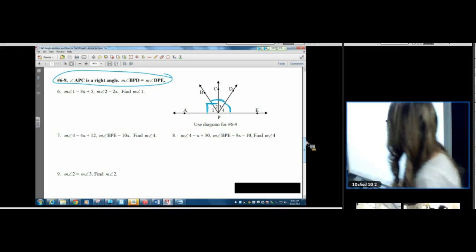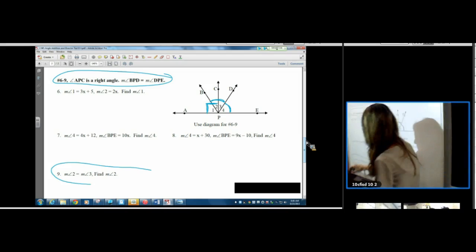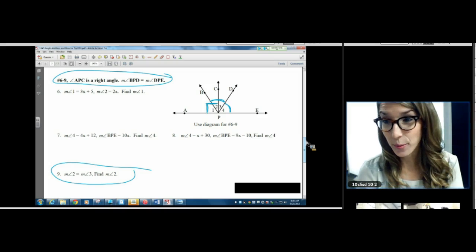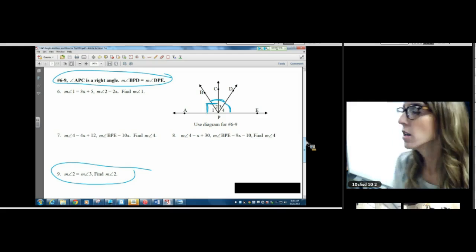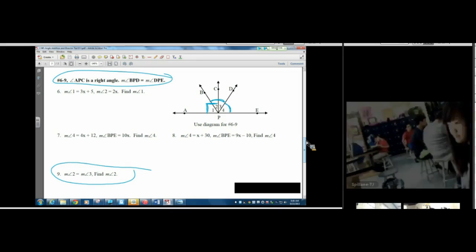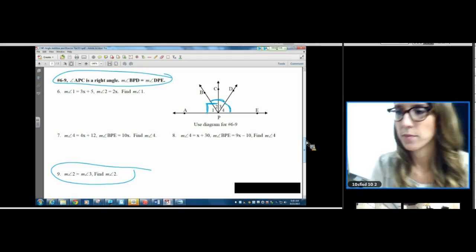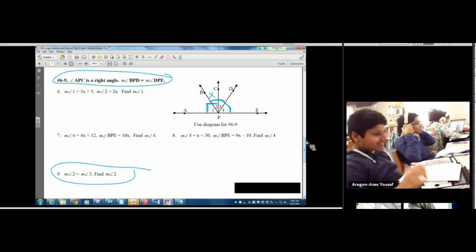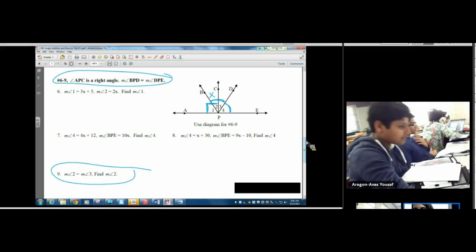Okay, so on number 9 it says more information to add on to that. Angle 2 is equal to angle 3. The measures are equal. So instead of adding even more arcs to my picture and confusing all of my arcs, what I'm going to do is call angle 2 X. I'm allowed to do that. I can call an angle X if I want to.